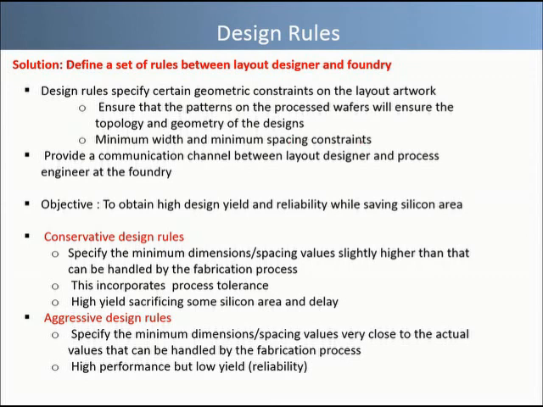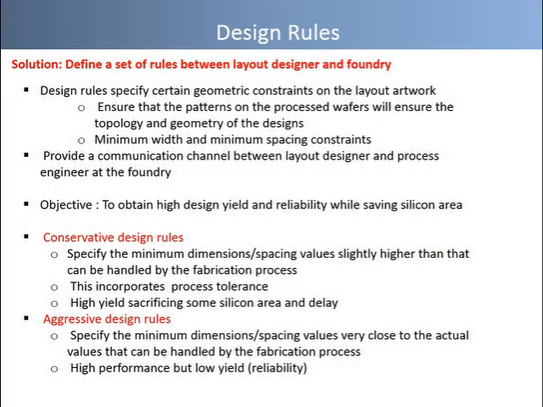A layout which satisfies all the design rules normally ensures that the resultant circuit will behave correctly. These rules are provided by the foundry to the layout designer in the form of technology libraries, so they act as a communication channel between the layout designer and the process engineers at the foundry. The basic aim of this whole specification is to obtain a high yield on silicon as well as circuit reliability.